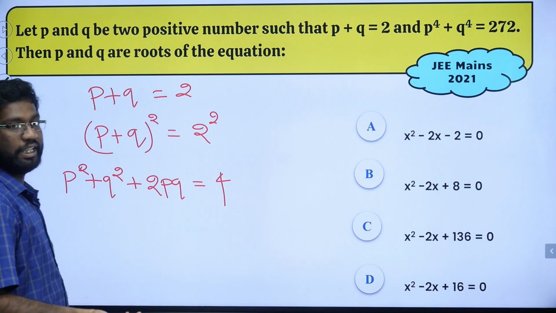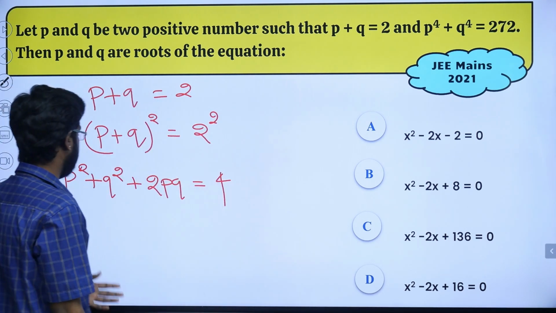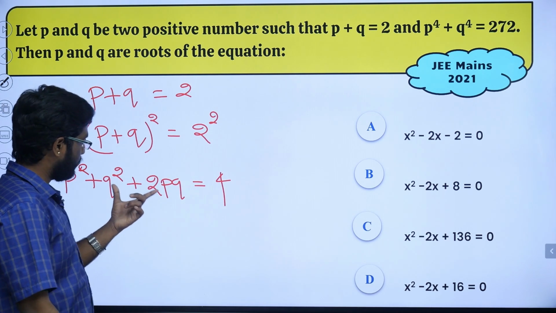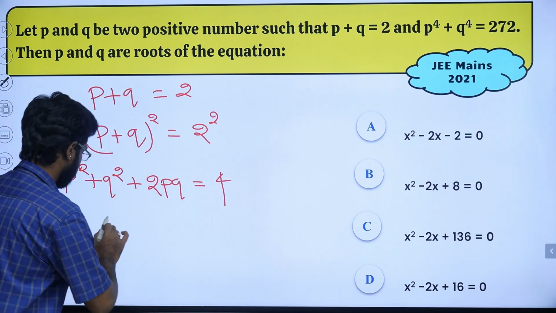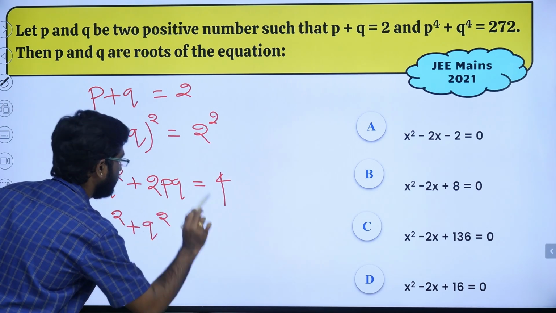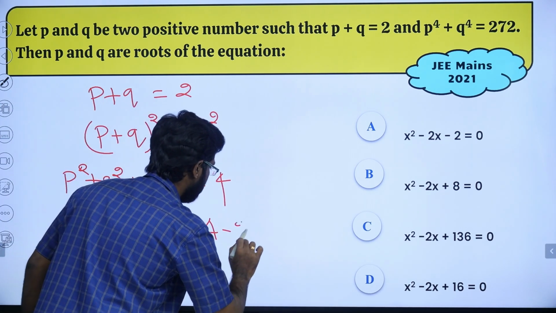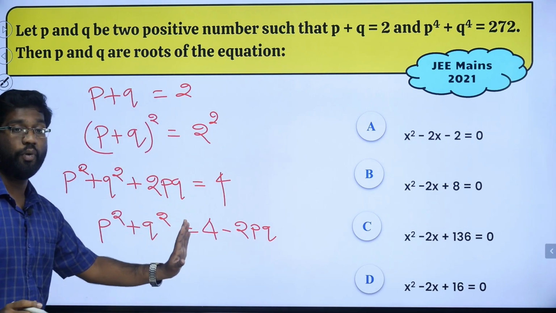So here P power 4 plus Q power 4 they have given as separate terms. So what I am going to do is take this plus 2PQ to that side. So P square plus Q square is equal to 4 minus 2PQ. Okay, my dear students. Till now you are very clear, right?